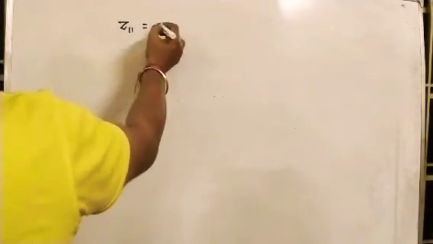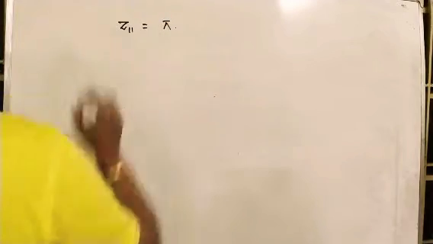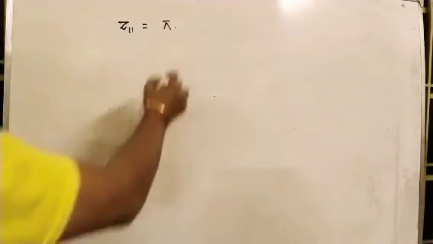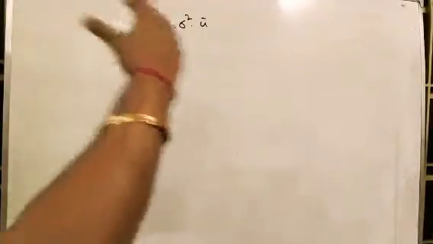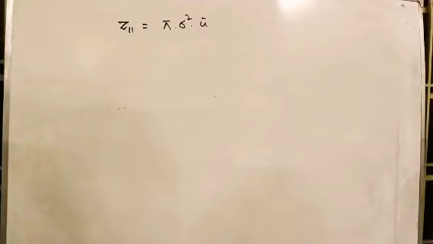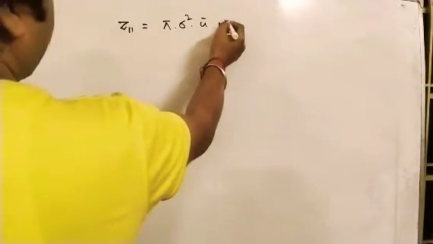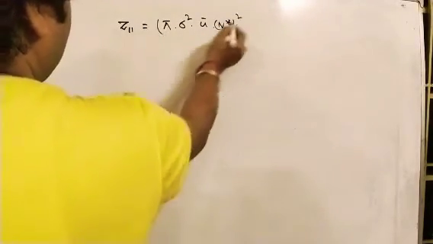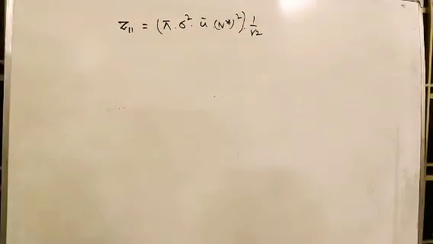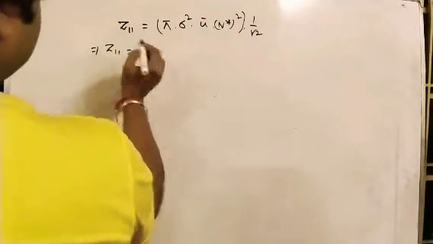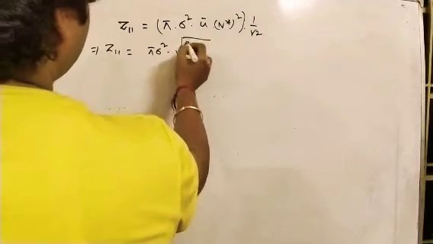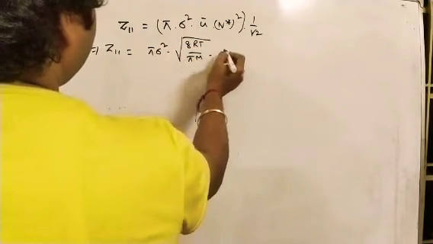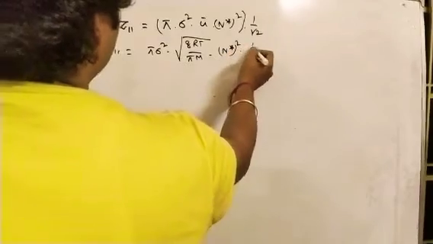We have already got this value equals pi into sigma square into u bar. Keep it simple, not the root over 8RT by pi m. So pi sigma square into u bar into n star square, the whole multiplied by 1 by root 2. Now if I put the value of u bar, it is equals to pi sigma square root over 8RT by pi m into n star square into 1 by root 2.